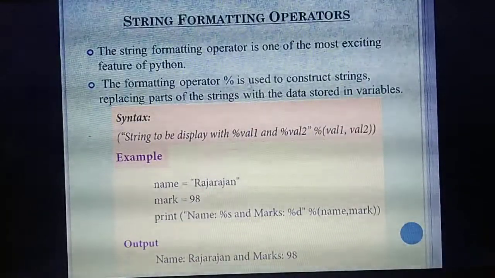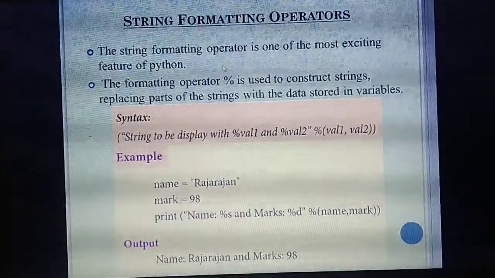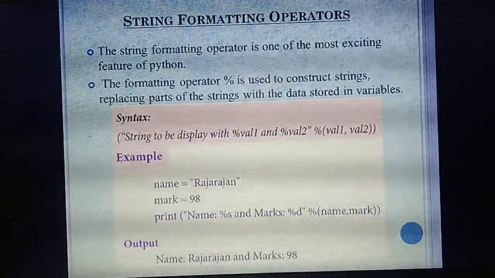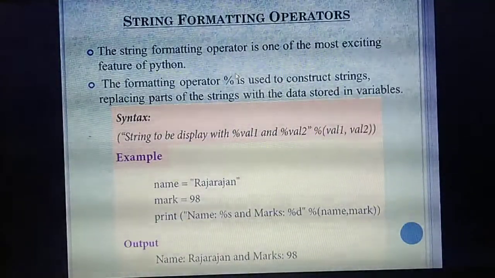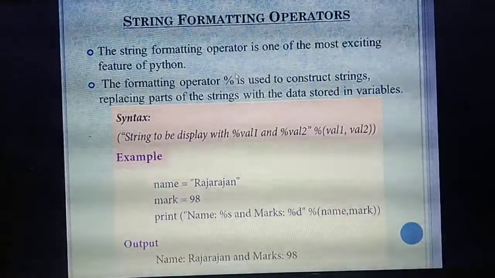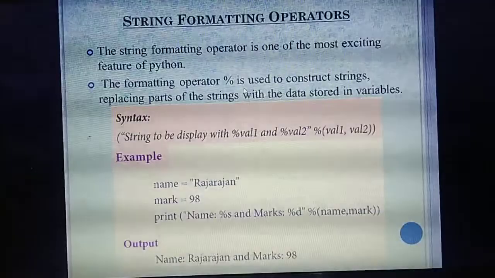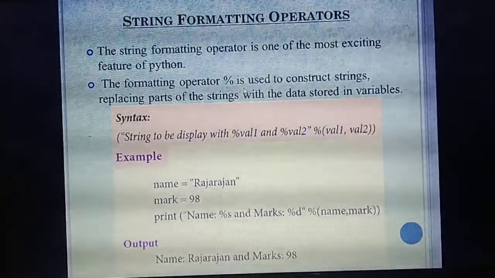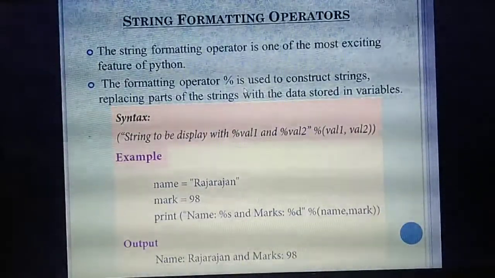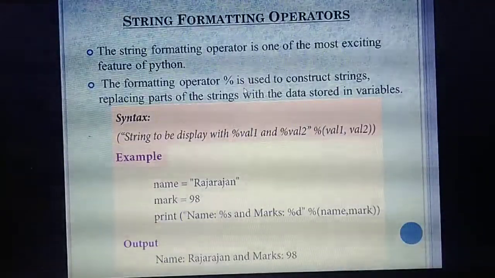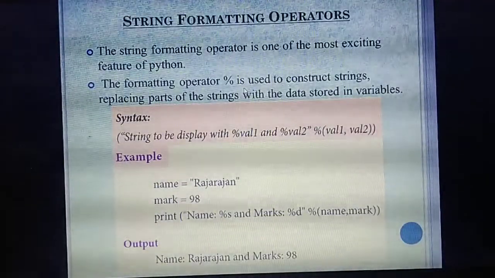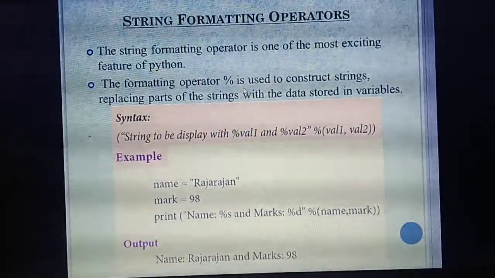Percentage. What is the use of percentage? You can store some values for the variables using this operator. So you can replace the strings, that means replace the variables by storing values in them.